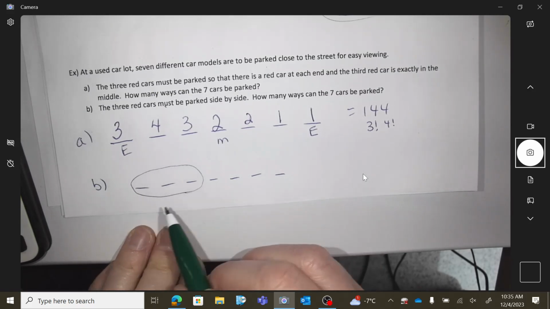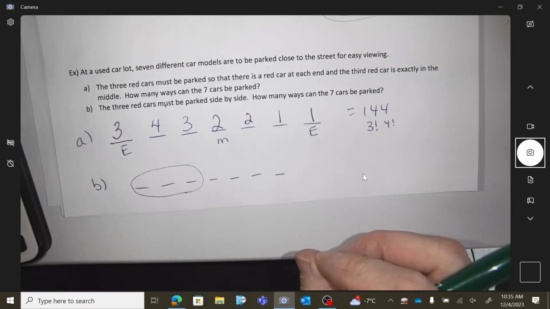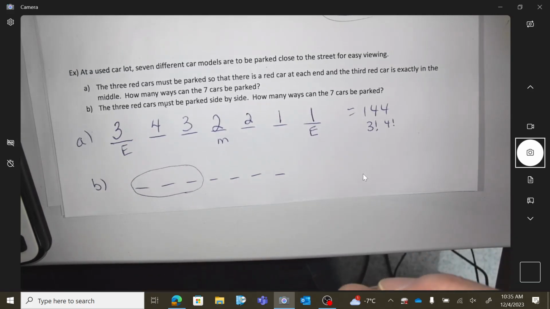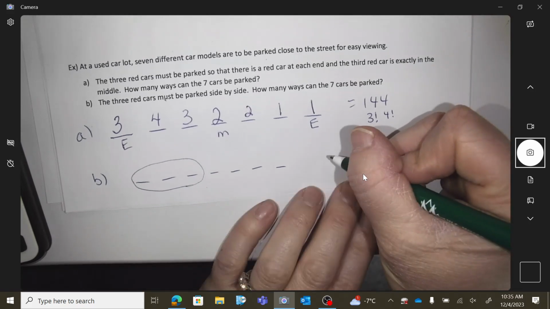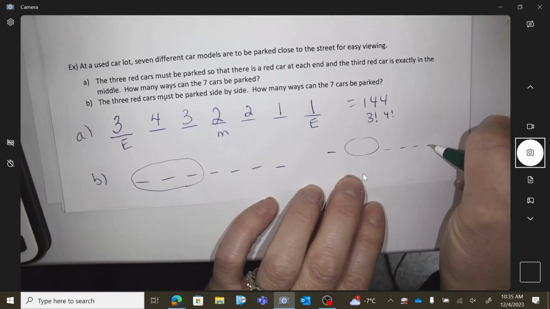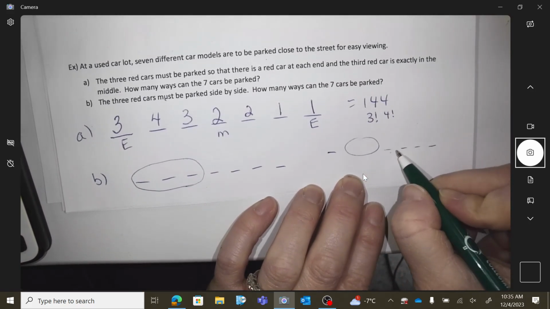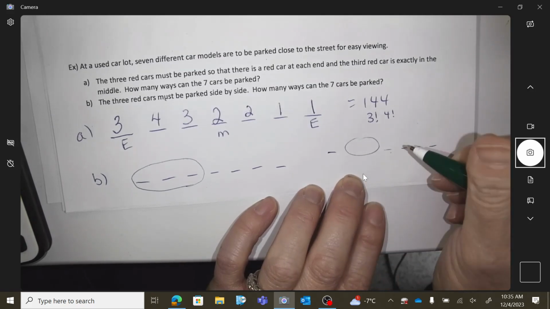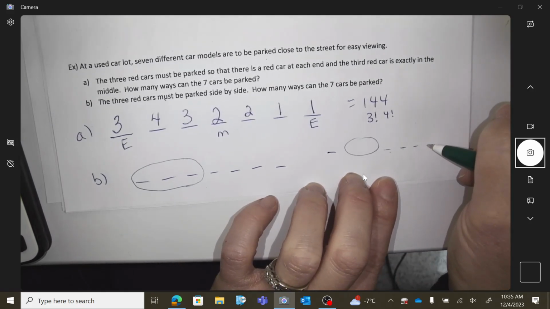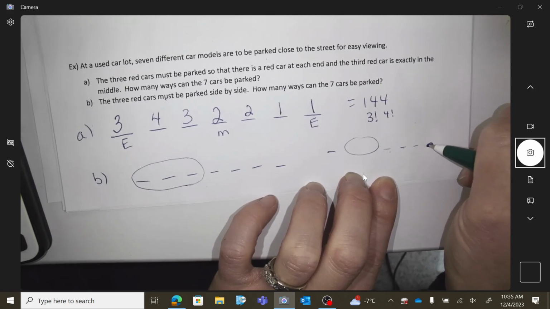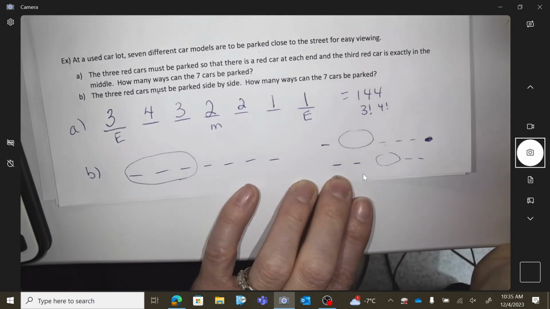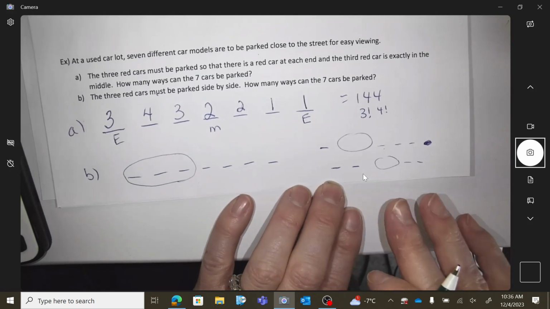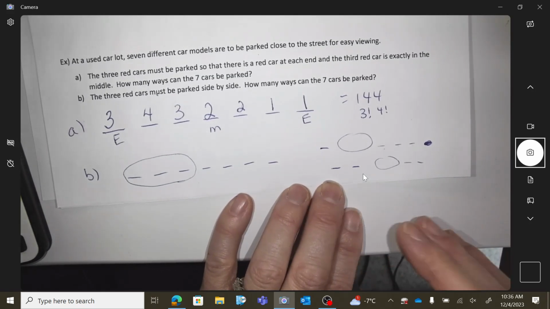You could put them all here, you could move them into the middle, you could move them to the end, you could put them second, right? Do you see what I mean? You could go like this, you could move them around like that. You visualize what's going on?